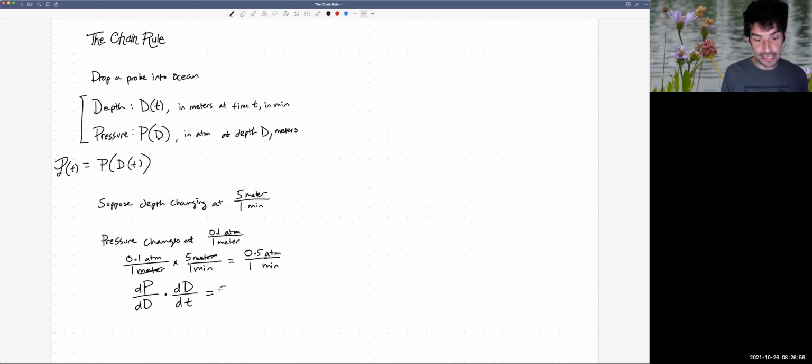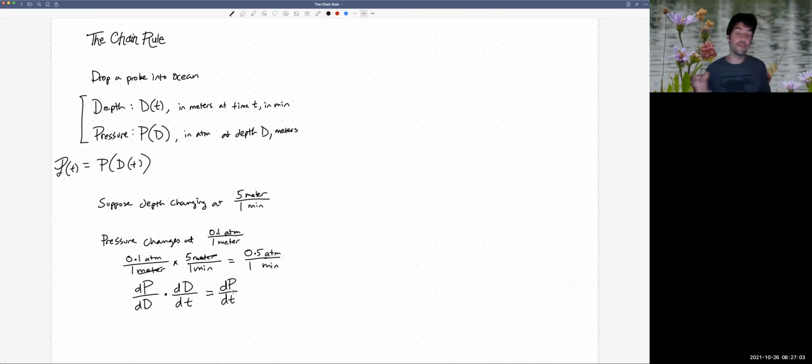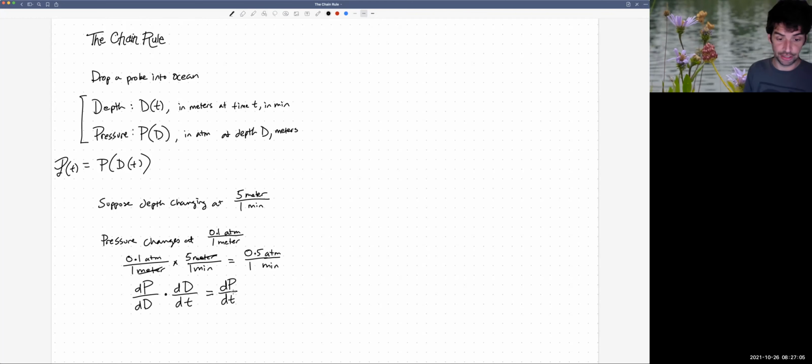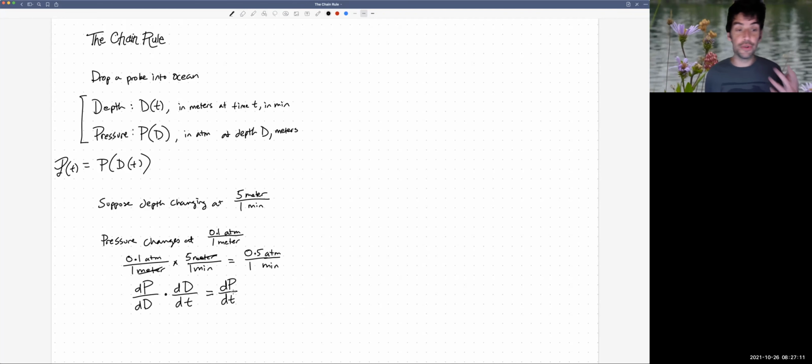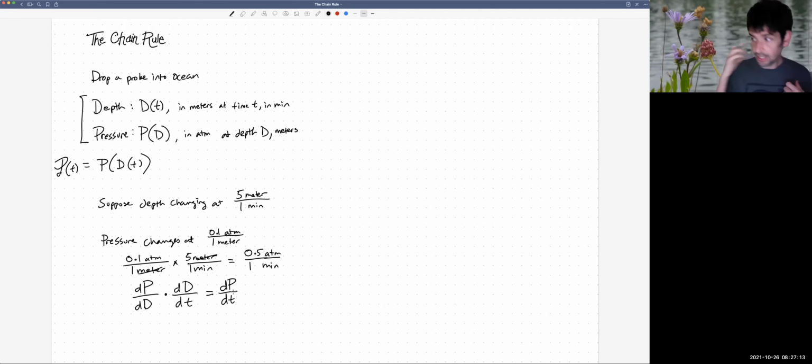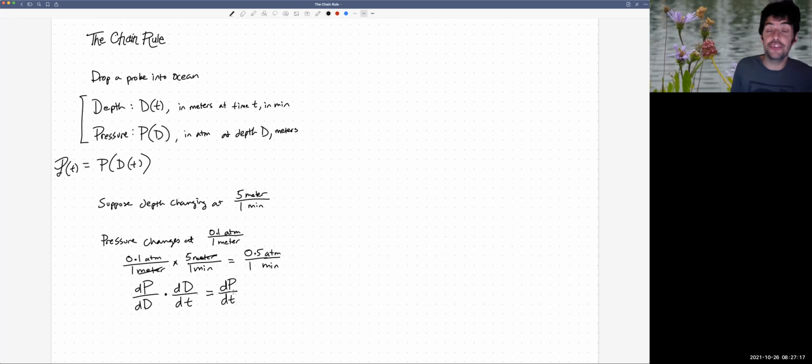What we ended up with is something that told us how pressure changed relative to time. So we end up with the derivative of the composite function, okay? So this is the essence of the chain rule, how the derivatives of composite functions work, right? And what we end up with is the multiplication of the two relevant rates of change, right?